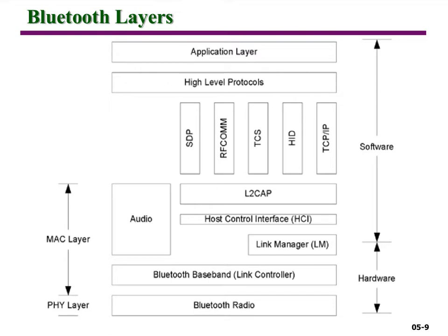The baseband or the link controller, we will talk about it today, and it basically uses TDD or time division duplexing and TDMA. Okay, so time division duplexing is for full duplex communication. So basically one time slot for sending from the master to one of the slaves, and the other direction uses another time slot for sending from the slave to the master, one of the slaves to the master.